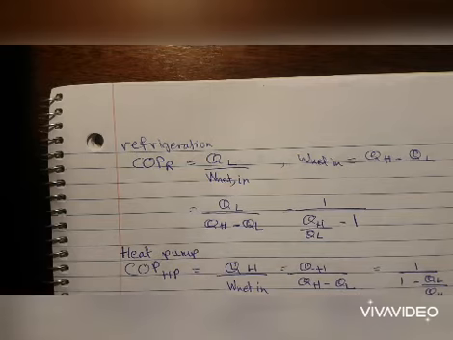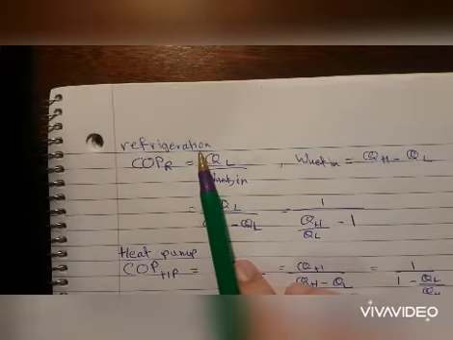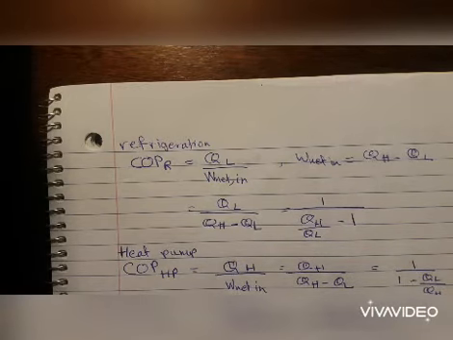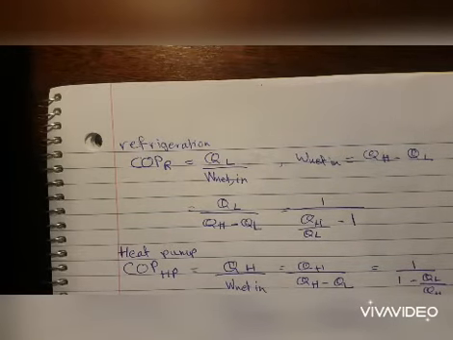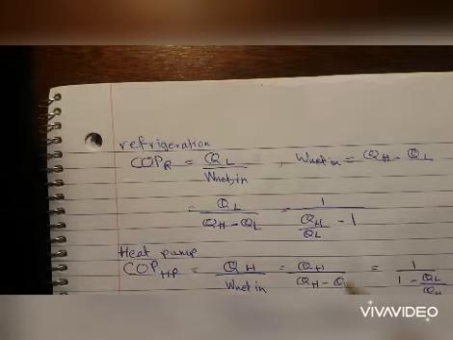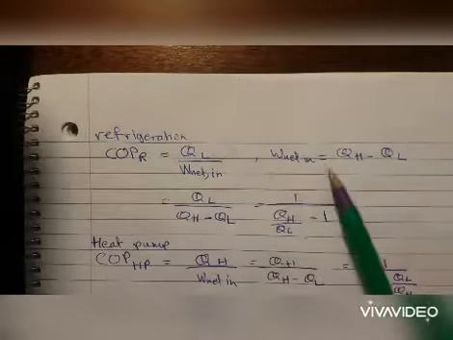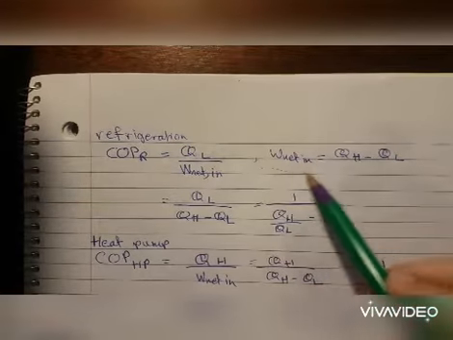Okay, so to talk about refrigeration and heat pumps, we need to understand that it's a similar system. We do the exact same process, taking it as a cycle, steady state, and a closed system. So what we do is apply the first law on it and derive the work net in this equation.